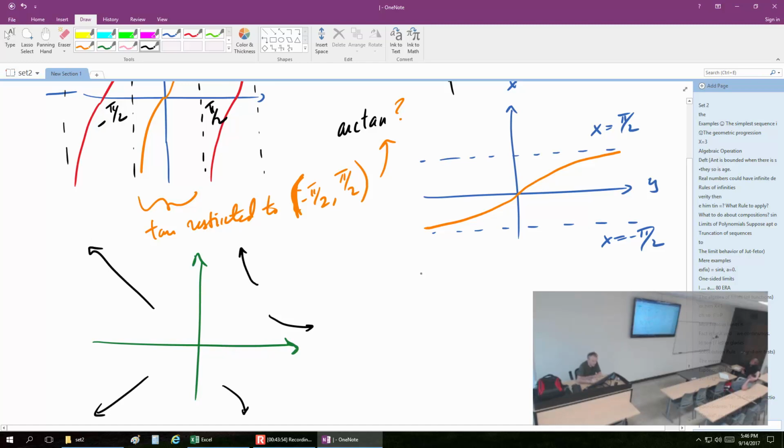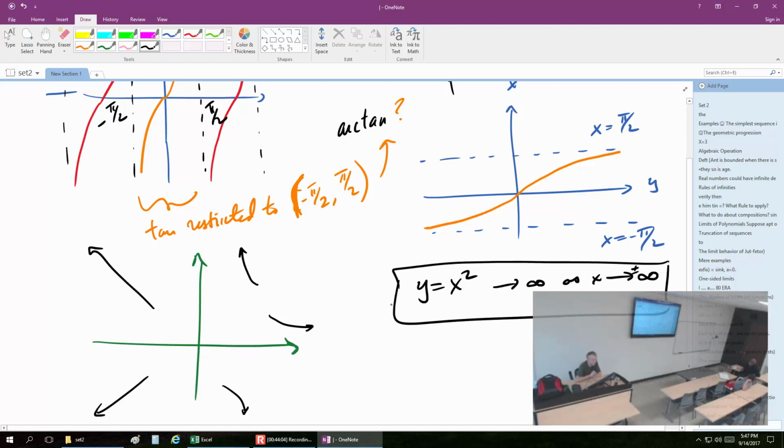Remember, y equals x squared goes to infinity as x goes to plus or minus infinity, in fact. That is an important thing to remember: polynomials have no asymptotes of any kind.